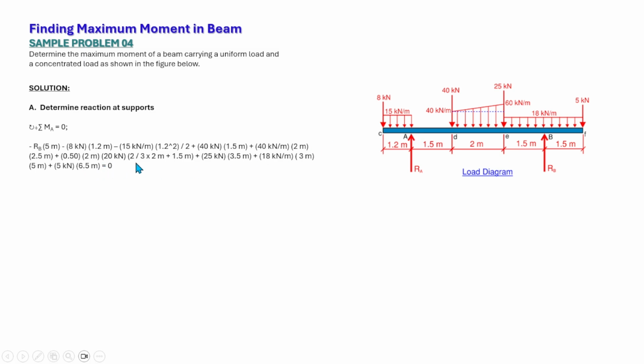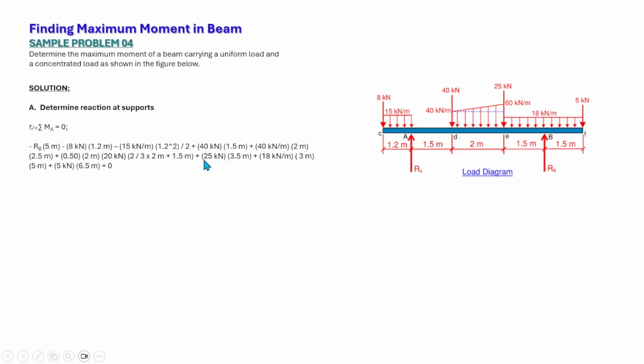Then we have the triangular load here. That is 0.5 times 2 times 20 kilonewton, that is 60 minus 40, that is 20, times 2/3 of 2 meters plus 1.5. So that is the centroid of the triangular load from here to the point A.